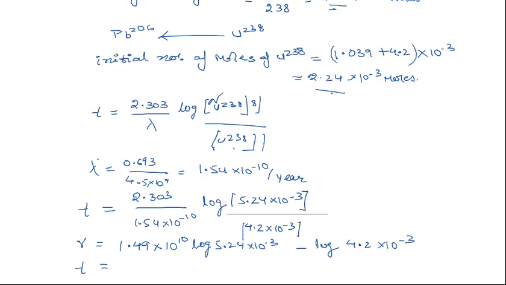Log of 5.24 is 7.193 into 10 to the power minus 4, and log of 4.2 into 10 to the power minus 3 is 6.23 into 10 to the power minus 4. Right?